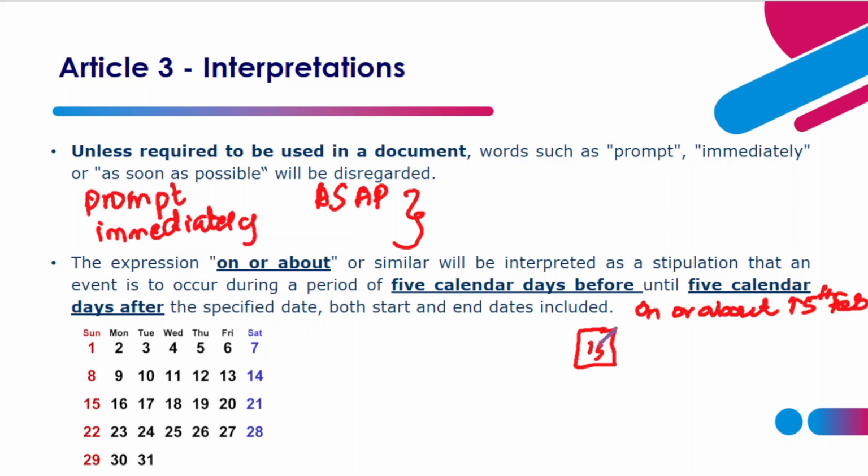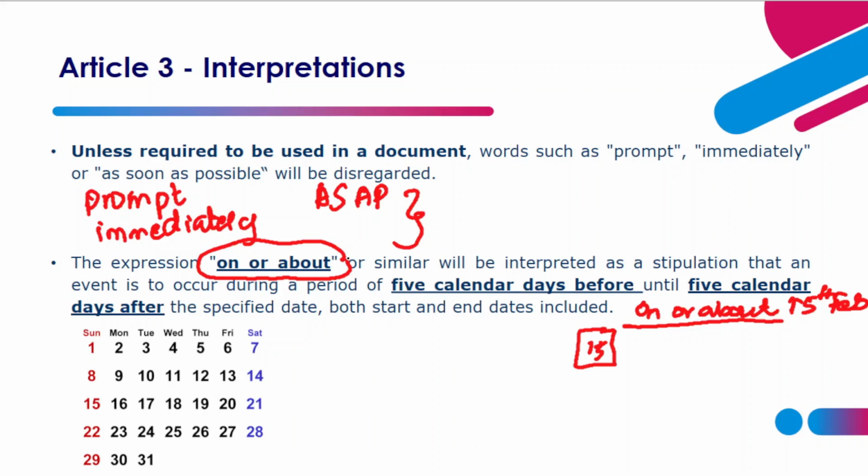Now, 15th is the day that they have specified. But remember, it's not just the word "on", not just the word "about". The entire expression, "on or about", needs to be there.